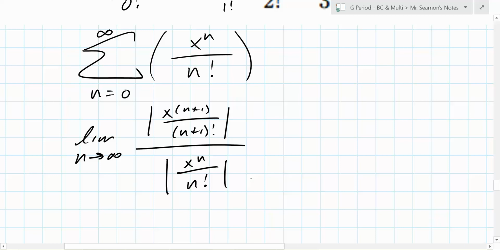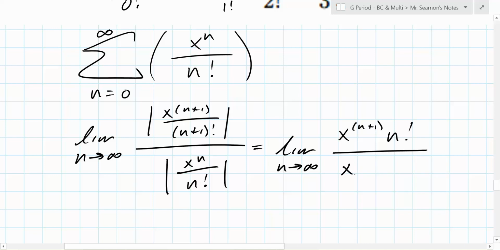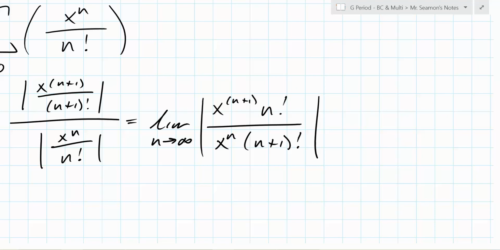So we do the math out. We have x to the n plus 1 times n factorial over x to the n times n plus 1 factorial, with the absolute value. It keeps it positive. We just want to keep it positive, just in general in life. We like to smile, you know.